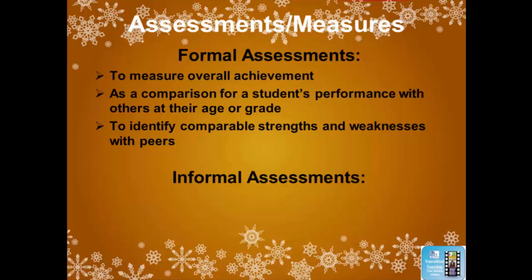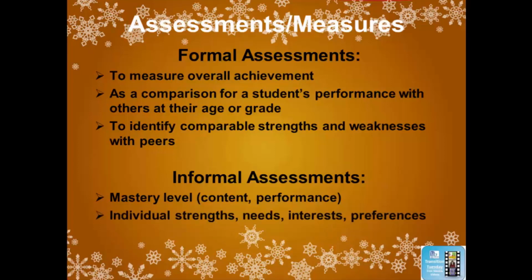Informal assessments are mastery level of either content and or performance, or they can measure such things as individual strengths, needs, interests, and preferences. Both formal and informal assessments are considered age-appropriate assessments for transition. However, informal assessments will give you more information on whether or not the student has a transition service need. It depends on your school district and state if you need to include a formal assessment in your transition IEPs.